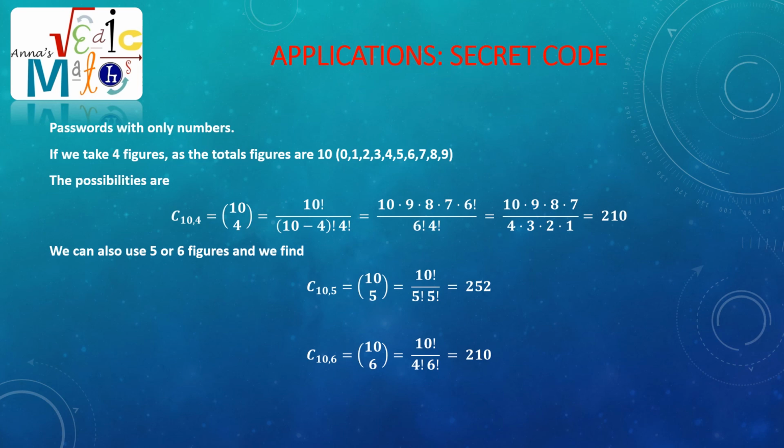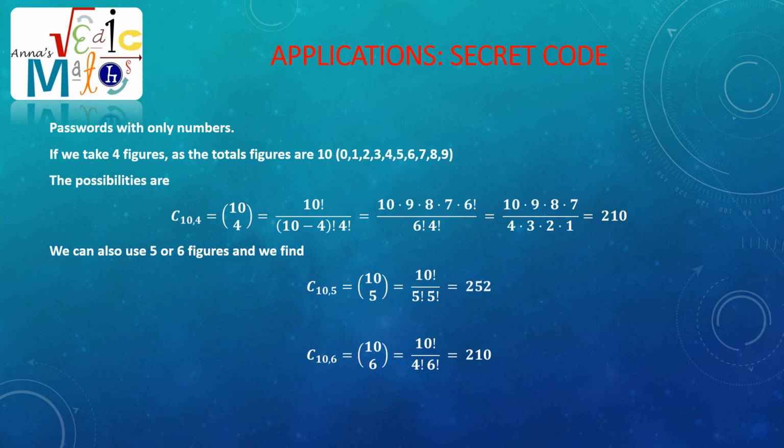We suppose to have 4 figures at a time. So we have the combination of 10 elements taken 4 at a time. That is by the formula 10 factorial divided by (10 minus 4) factorial by 4 factorial, equal to 210.